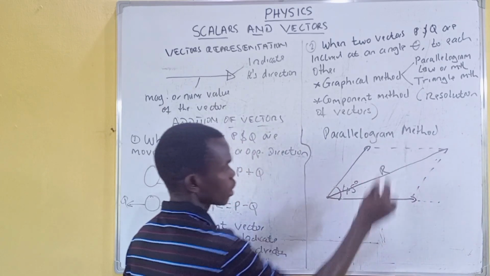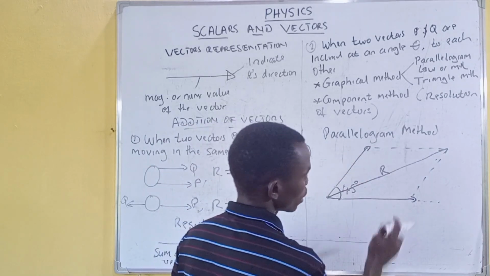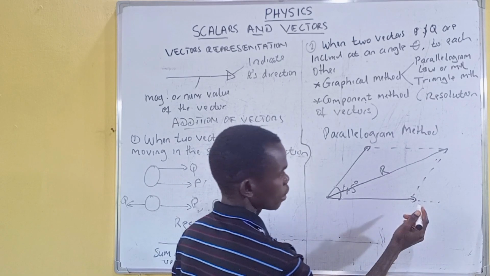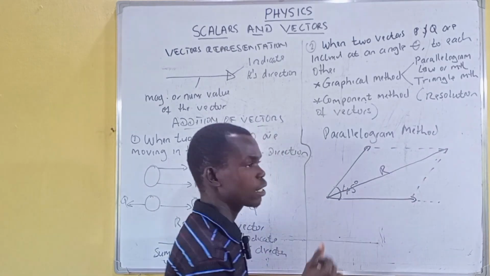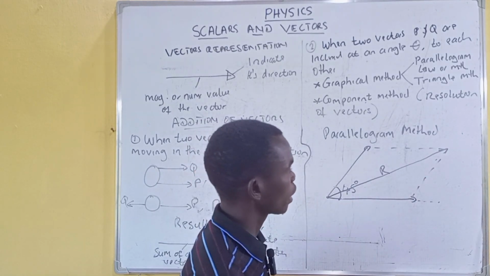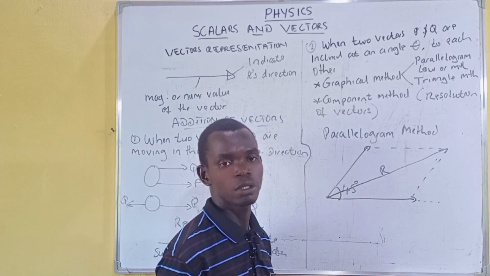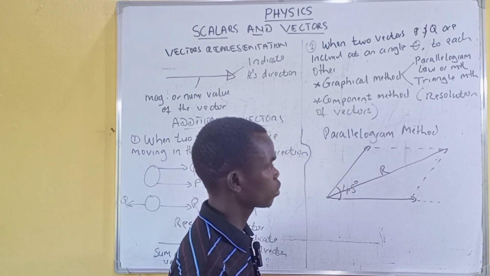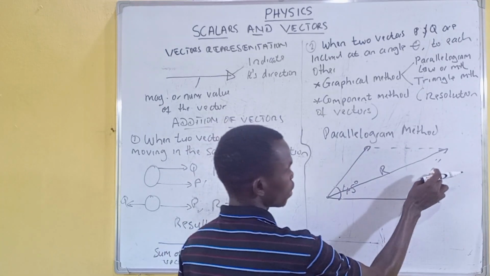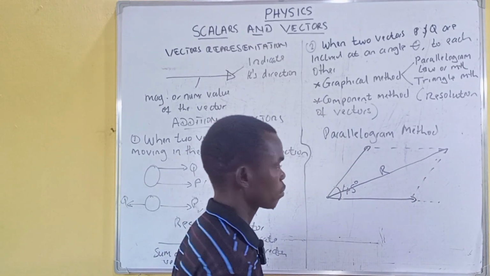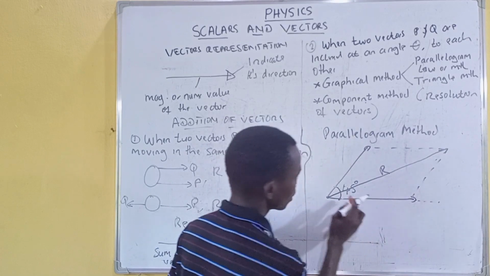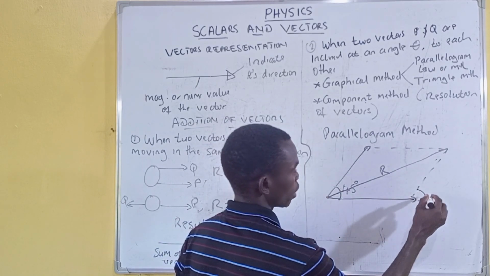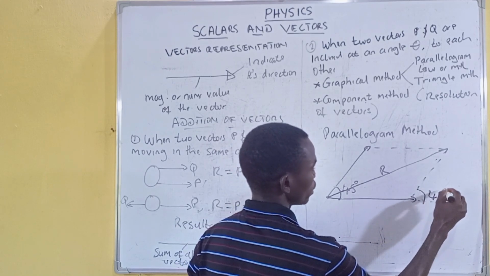When you look at these two lines, this and this line are parallel, so you can extend a parallel line. For an angle to be formed between two parallel lines, there must be a third line, called the transversal line, cutting across the parallel lines. And this line is acting as a transversal. So this angle is equal to this angle, which is 45 degrees.